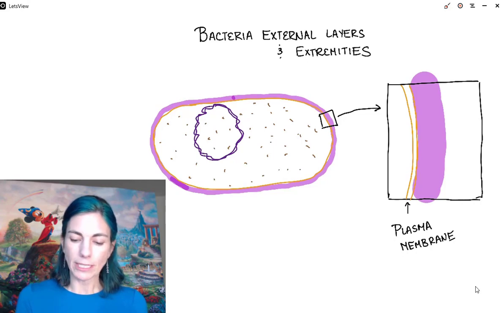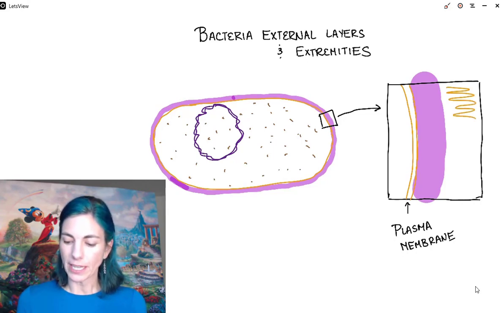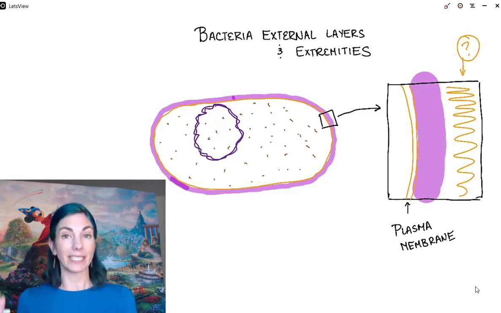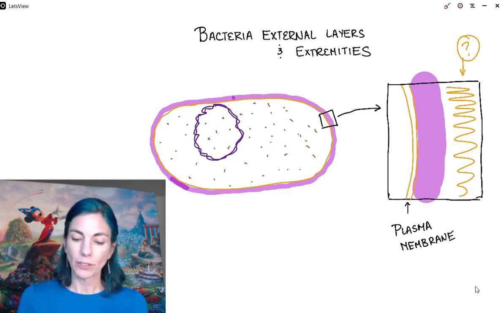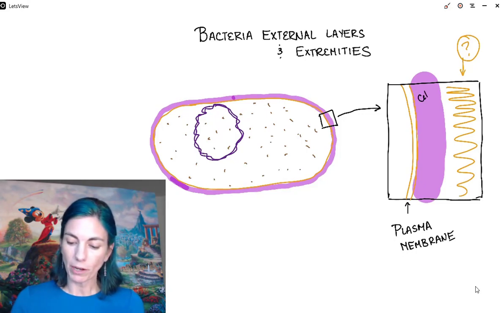What I am interested in today is what is outside of the cell wall, if anything. So in other words, we're going to be taking a look at what might be beyond the cell wall that's still attached to the bacteria. So again, I just want to make sure that you understand we are not looking at the cell wall or the plasma membrane today.